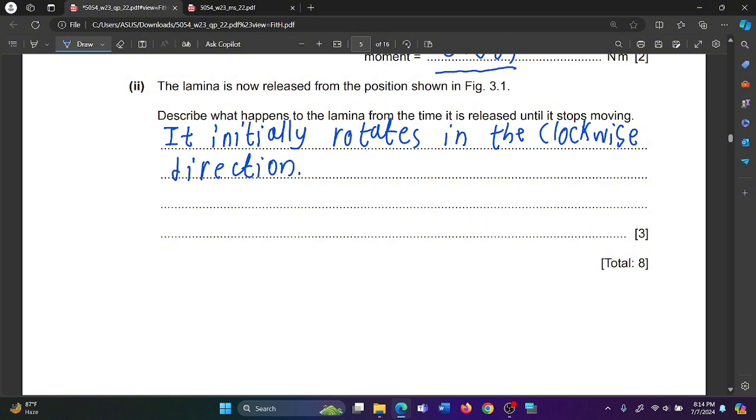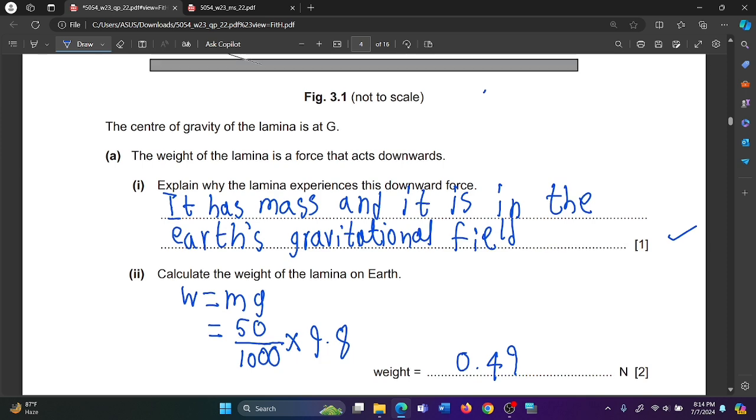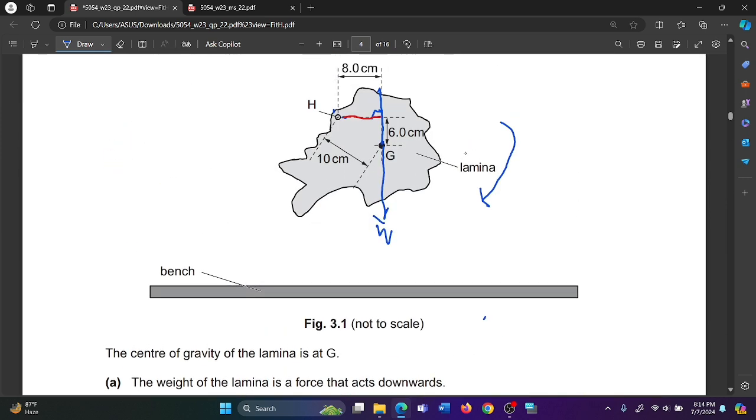Now, what happens after it starts rotating in the clockwise direction? It will initially gain speed when it is rotating in the clockwise direction. As it initially gains speed, then afterward, what happens? It loses speed when the center of mass starts to go upwards.